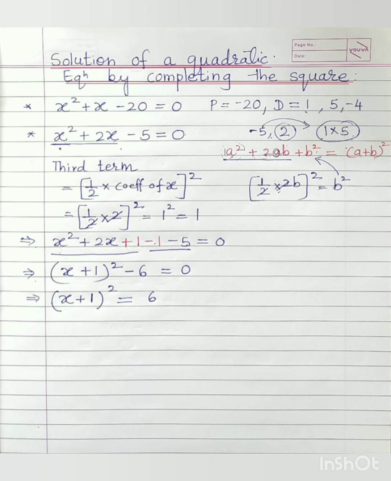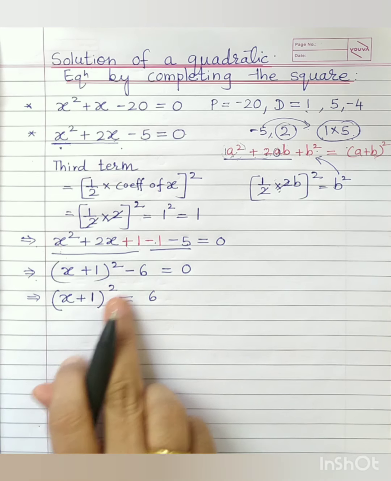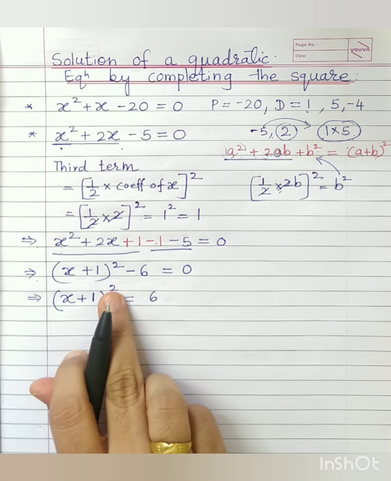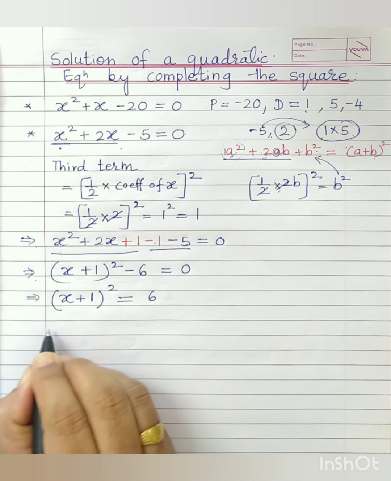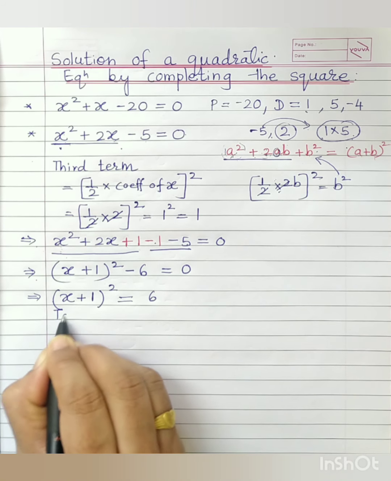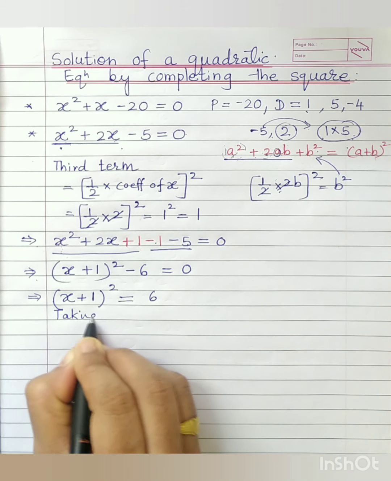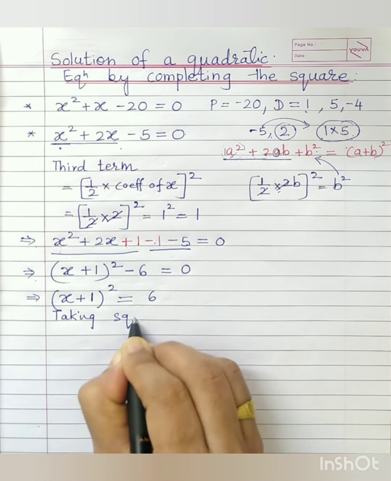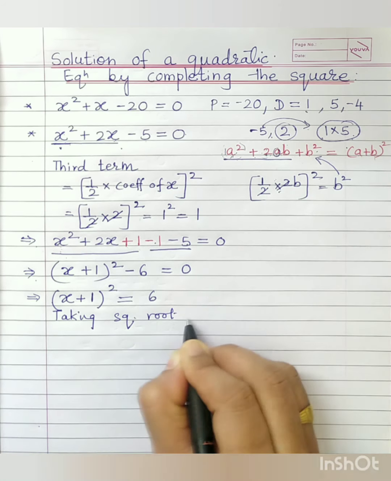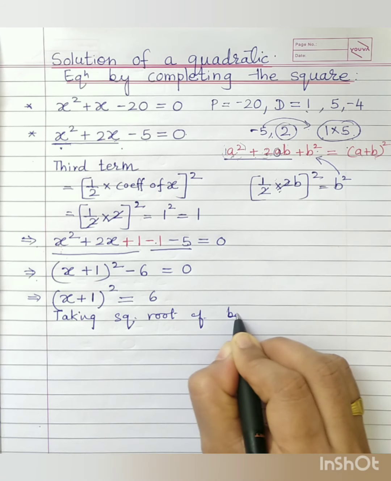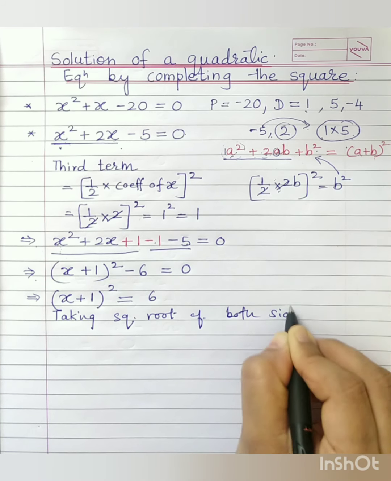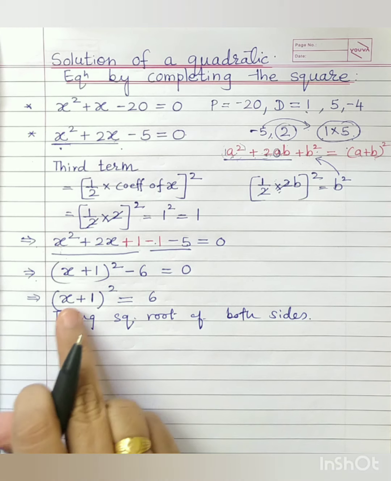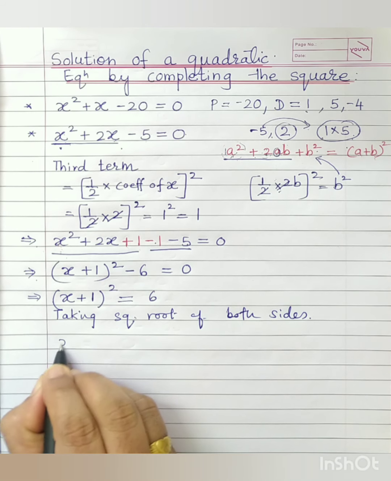First step. Then the second thing I would like to eliminate is this square. So for that I will be taking the square root on both sides. Taking square root of both sides. If I am taking the square root of x plus 1 the whole square, what will it become?